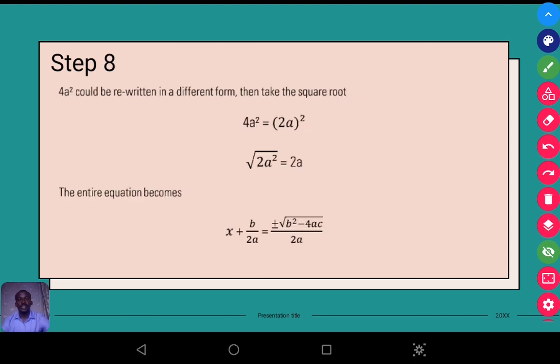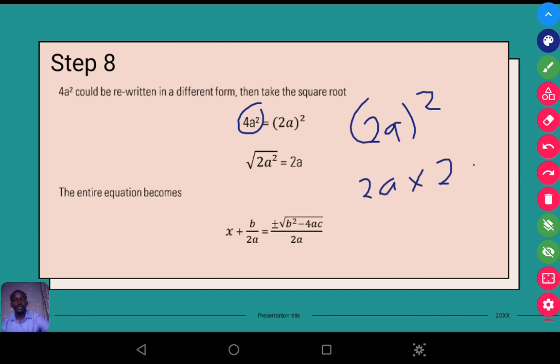Then step 8 says that 4a squared could be written in a different form. Then take the square root. So if you look at 4a squared, this could be written as 2a raised to power 2, because this actually means 2a multiplied by 2a. Now this is actually 4.